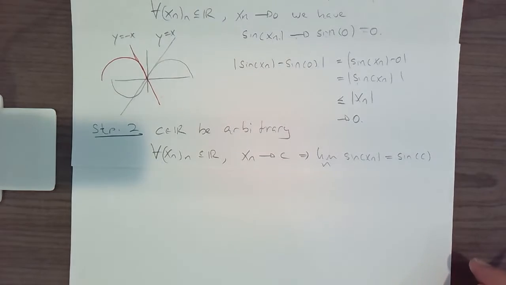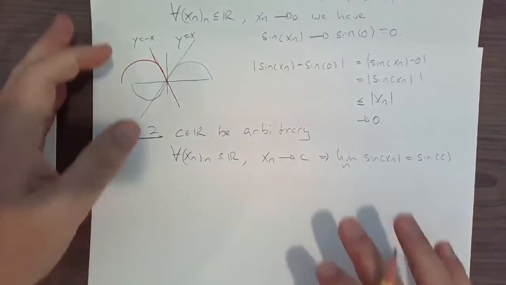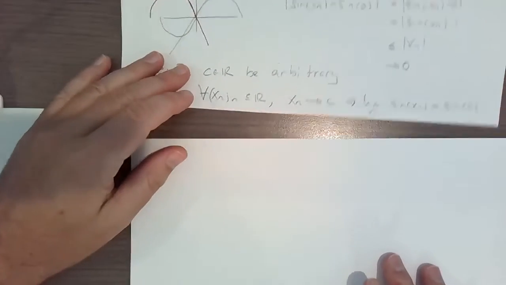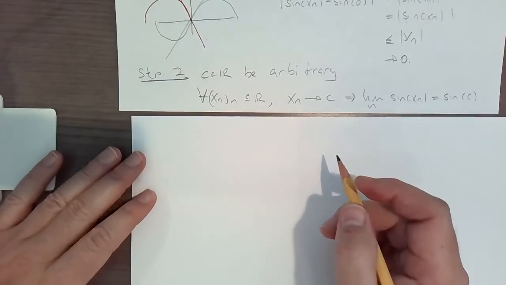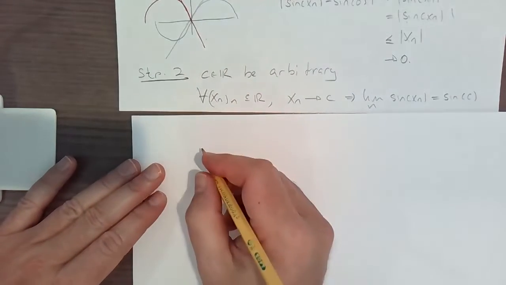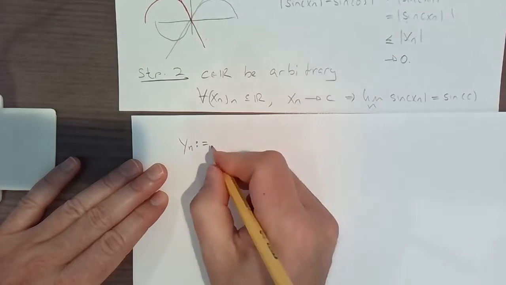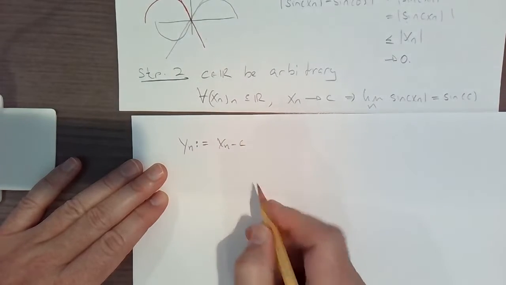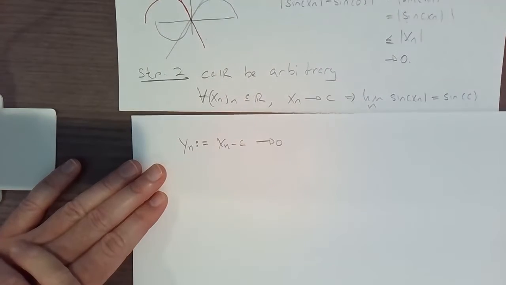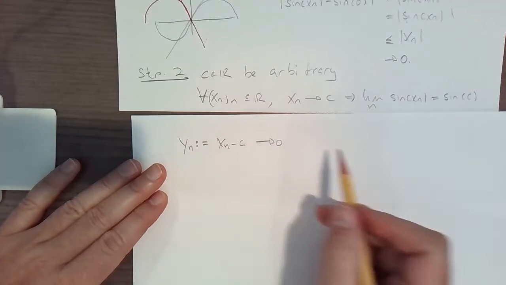How would one go about doing that? Well, what I had in mind was just to reuse what we had before. So if I take yn to be that difference, xn minus c, this thing here is now going to go to 0, right? Because xn goes to c, so that difference is going to go to 0.